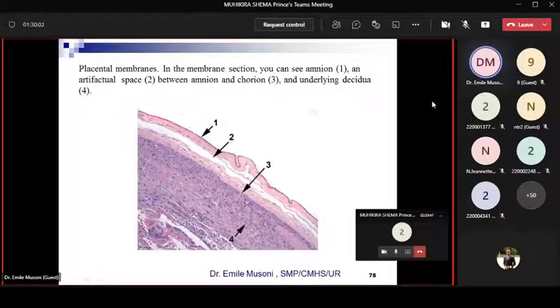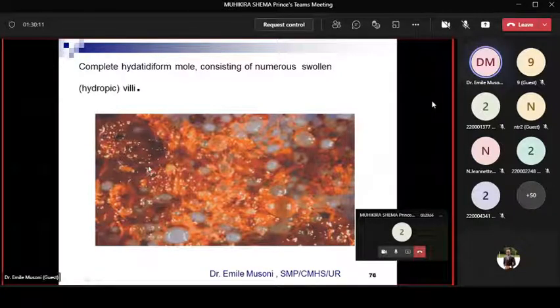These are the placental membranes, amnion, chorion. This one is what we call a complete hydatidiform mole, consisting of numerous swollen villi. You will see those in practice. These are what we call vesicles, grape-like. When you see this image, be confident that you are dealing with a complete hydatidiform mole.